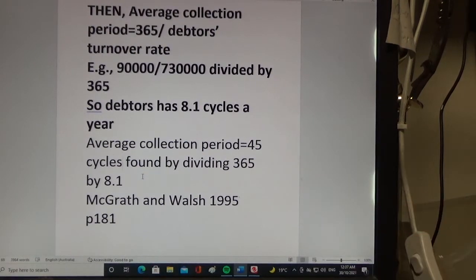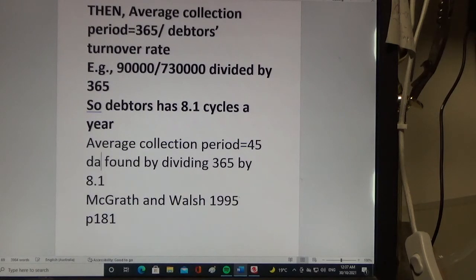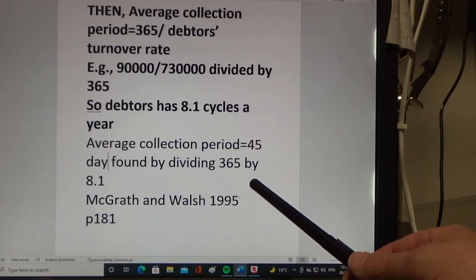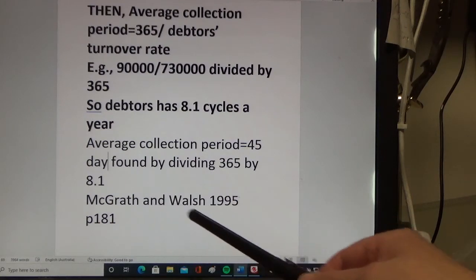That's 45 days, the original thing. That's the time it takes to collect debtors, which isn't very impressive. That's over a month. And then you get cycles by 365 divided by 45, which gives you 8 cycles in a year.